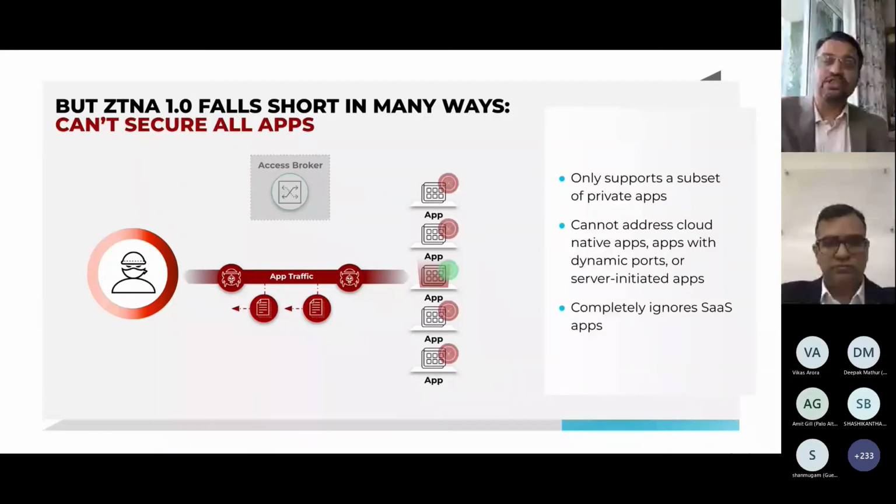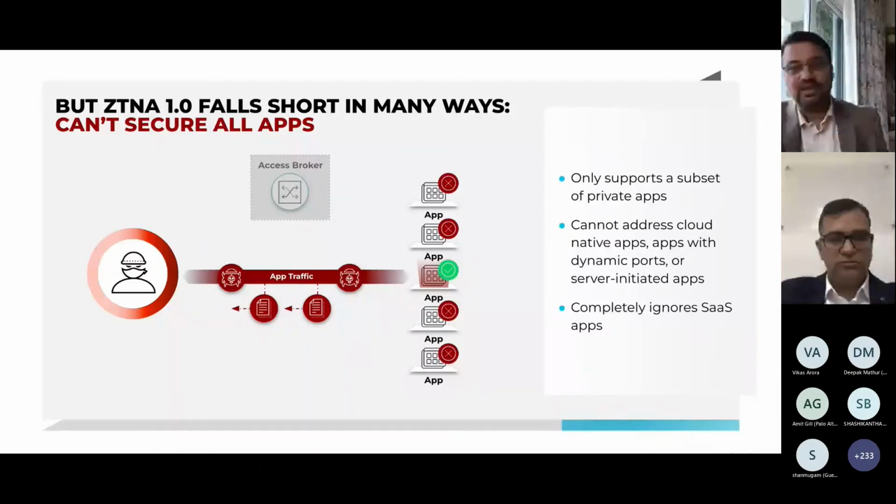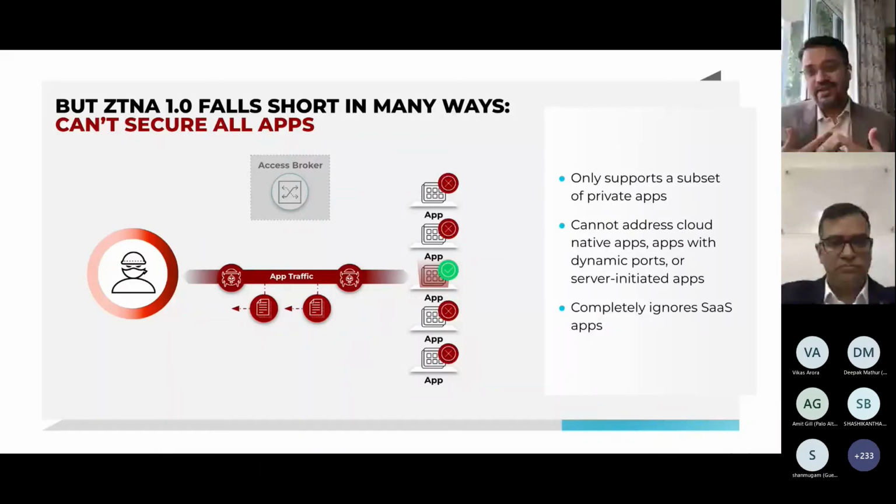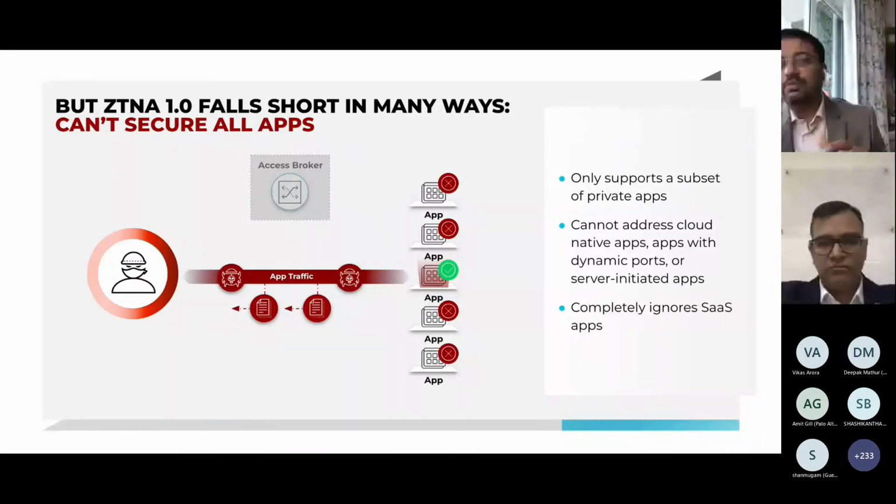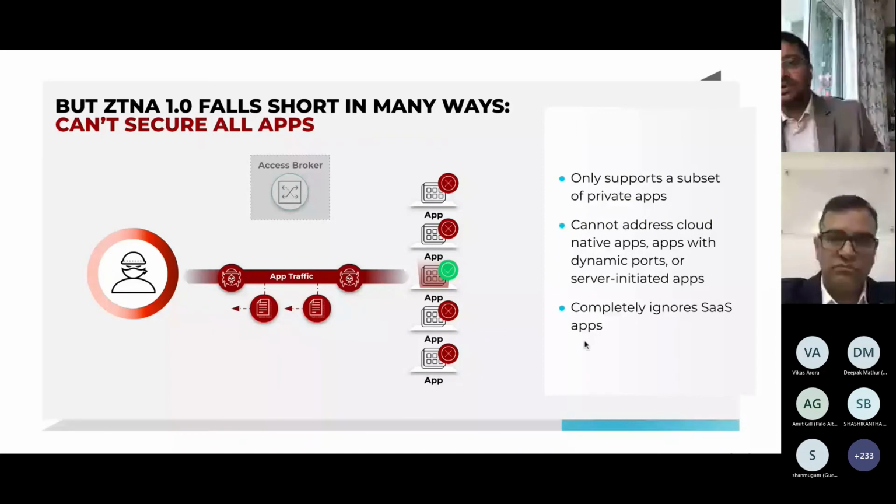And the final issue, and this is really the icing on the cake, is that this 1.0 solution, that one-stop shop, cannot provide coverage for all your applications, right? Your cloud-based apps or other apps that utilize dynamic ports or server-initiated apps, like the popular help desk apps, which have a very different protocol to connect, where server-initiated connections are not supported by these, of course.